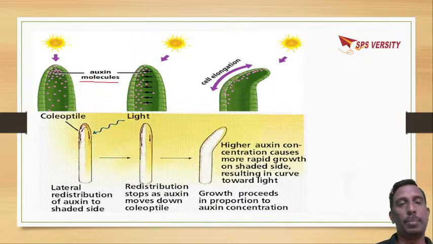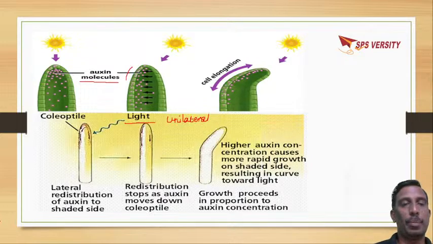Due to this, what happens is more cell elongation takes place on this side, which leads to bending of the coleoptile towards the source of light. So here you can see, when the coleoptile is exposed to unilateral light, it is exposed to only one side.